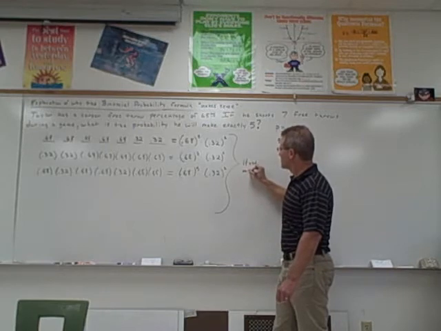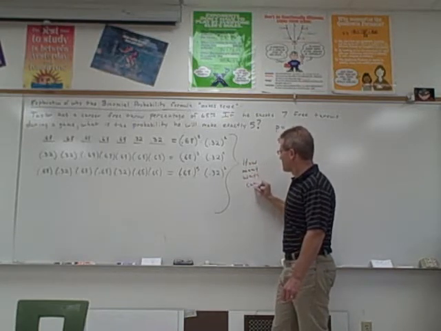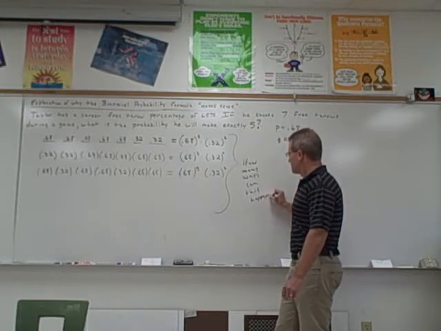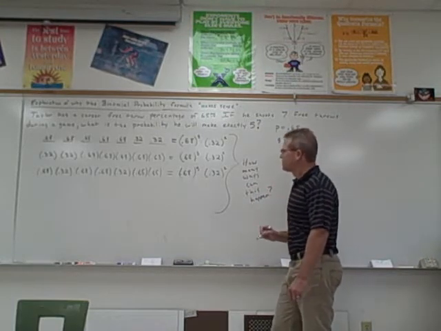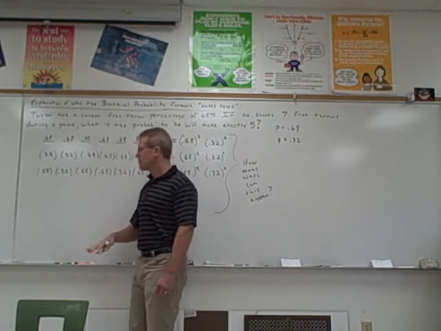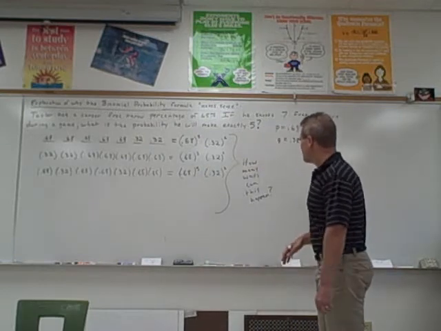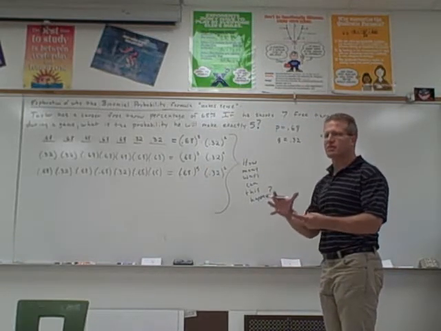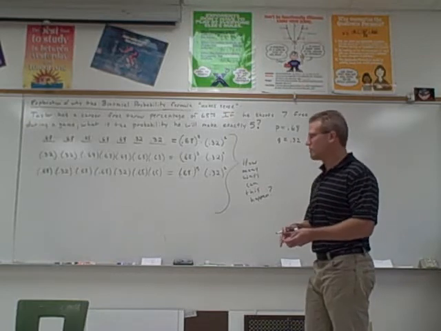So how many ways can this happen is what we need to think about. We learned this last chapter. If he's trying to make 5 shots and miss 2 shots, he's trying to make 5 out of how many? 7, right?